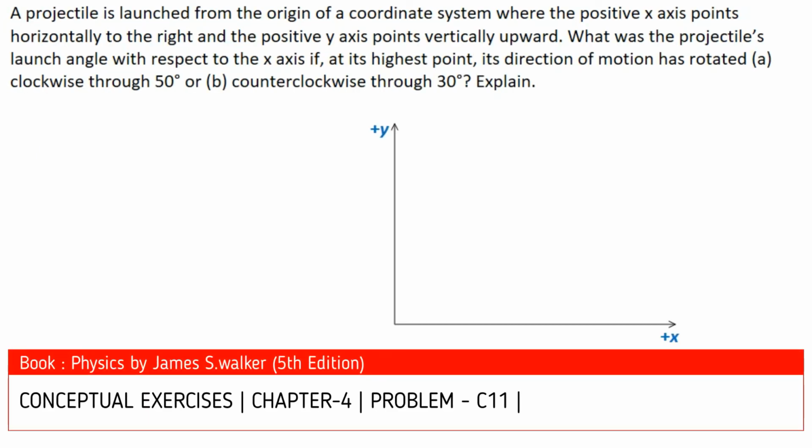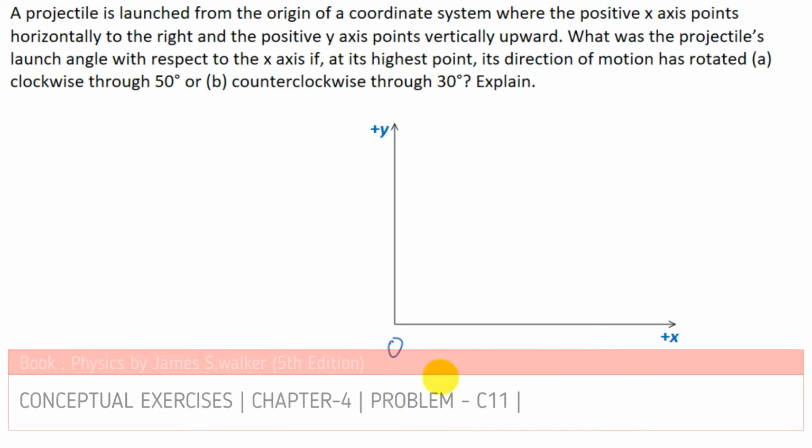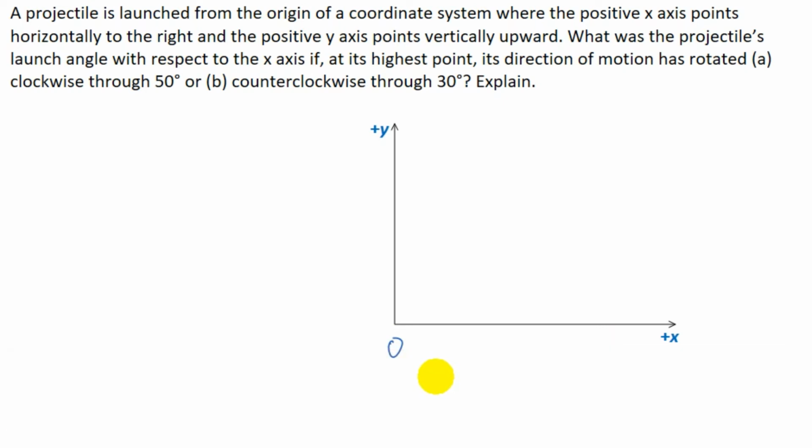Here we are given that a projectile is launched from the origin with some launch angle, and when it reaches the highest point, the direction of motion has rotated clockwise through 50 degrees. There are two parts in this question. We're going to solve part A first. It says it had rotated through 50 degrees clockwise.